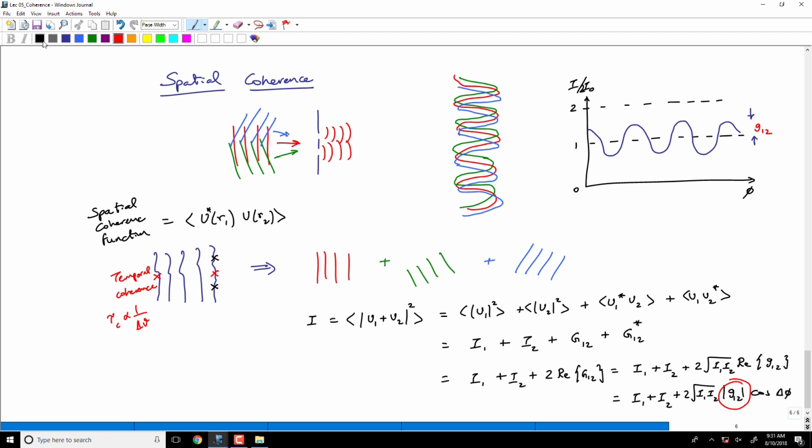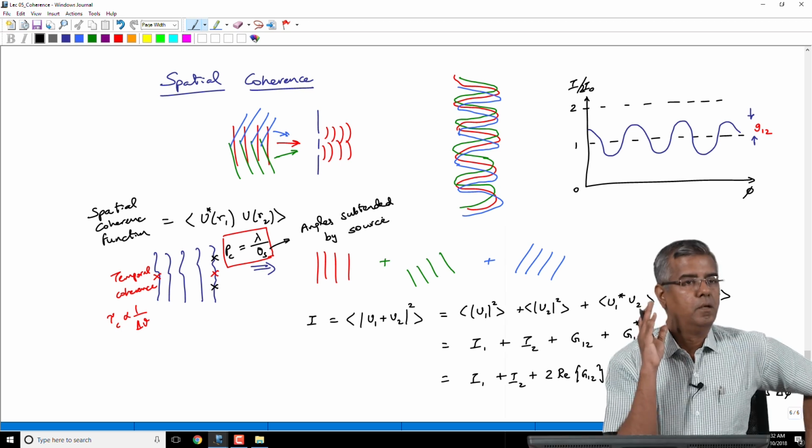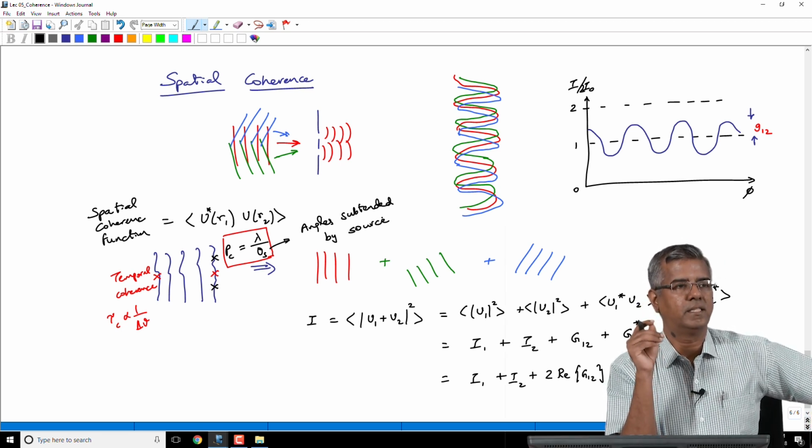With spatial coherence, we define a coherence length, a coherence distance, which is given by lambda over theta s, where theta s denotes the angle subtended by the source.